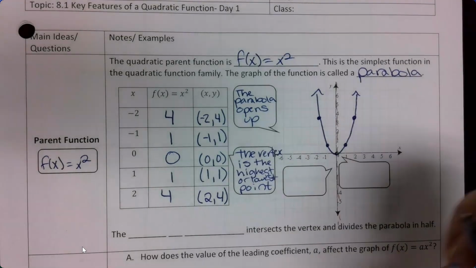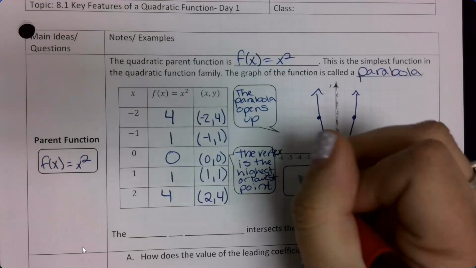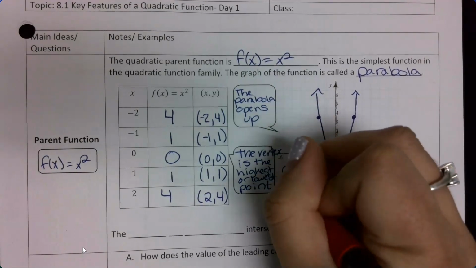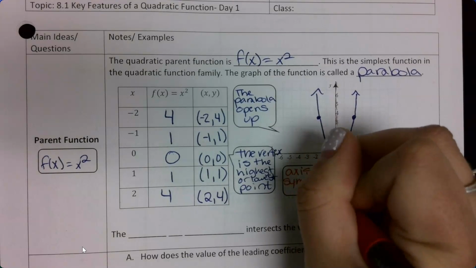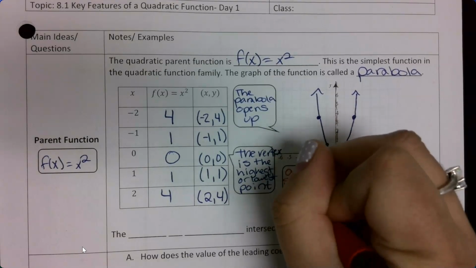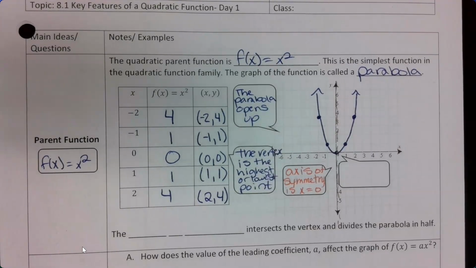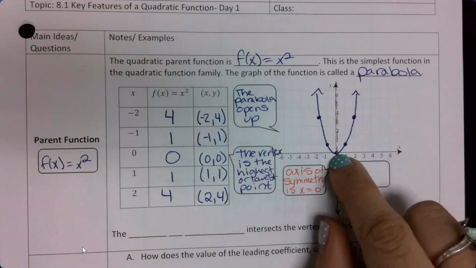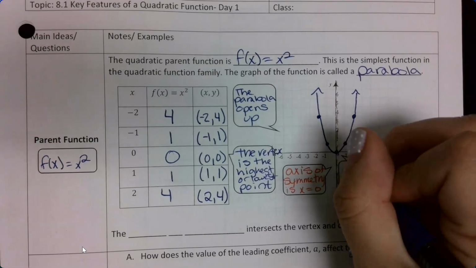This is called an axis of symmetry, and on this graph it's x equals 0. And so looking at this graph, I can see my vertex right here. Again, it's 0, 0.